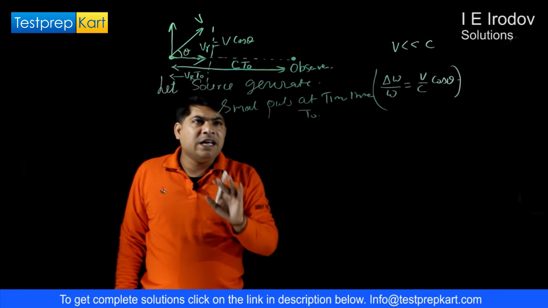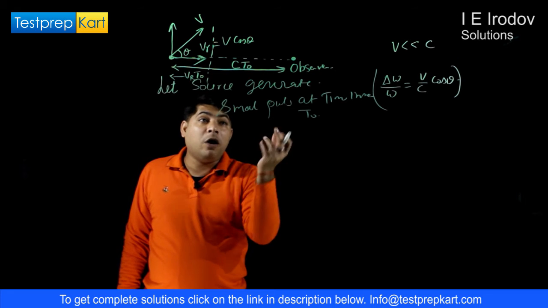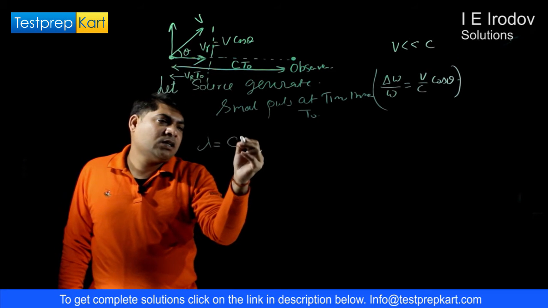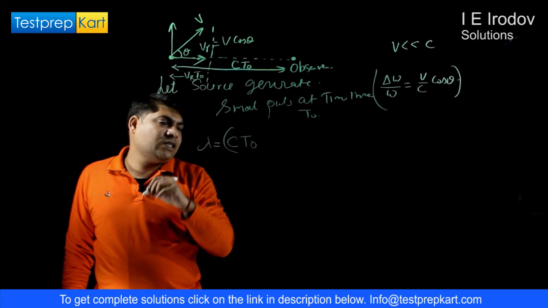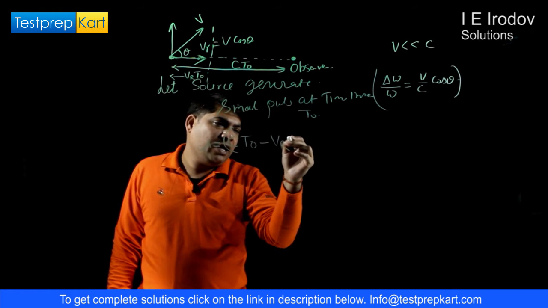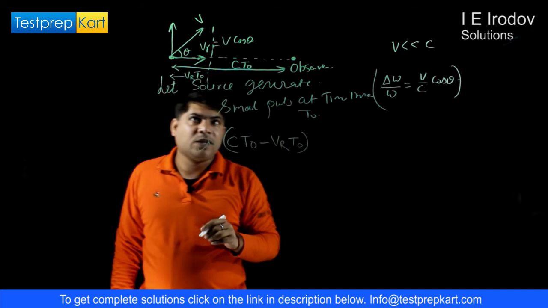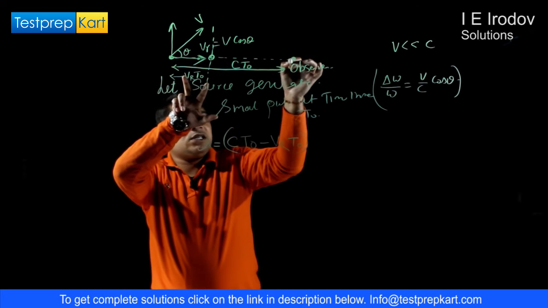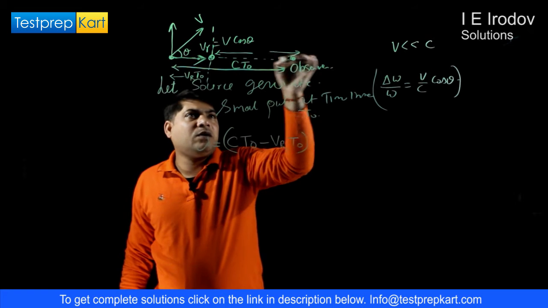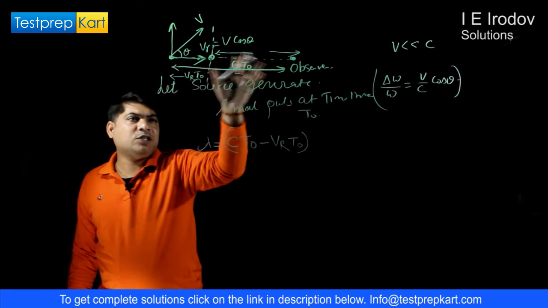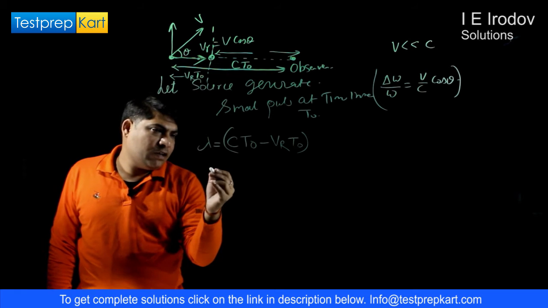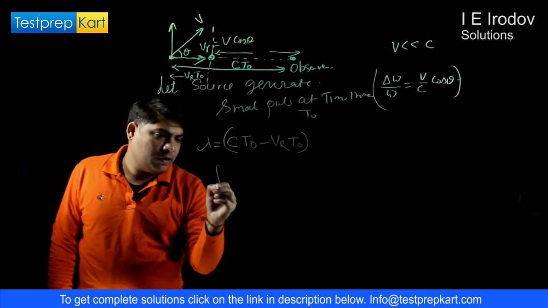So the effective wavelength observed by this observer would be λ, which is the actual distance covered by the wave minus the distance covered by the source in the line of the observer, because this much relative distance between source and observer will be observed. From here we can calculate the frequency received.